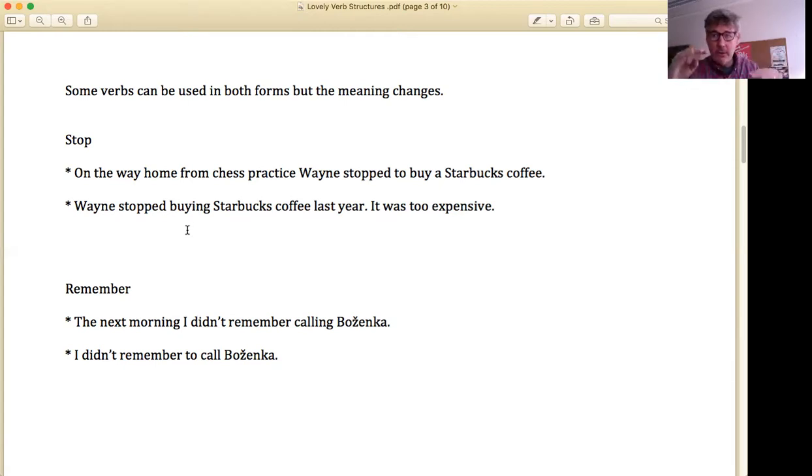Okay, so you can get the sense that there's a difference in meaning between these two structures, these two forms. Remember is another one of these. The next morning, I didn't remember calling Boshenka. So what is that? We have "didn't remember," and then the verb, we have a gerund. And I don't know if this has happened to you.